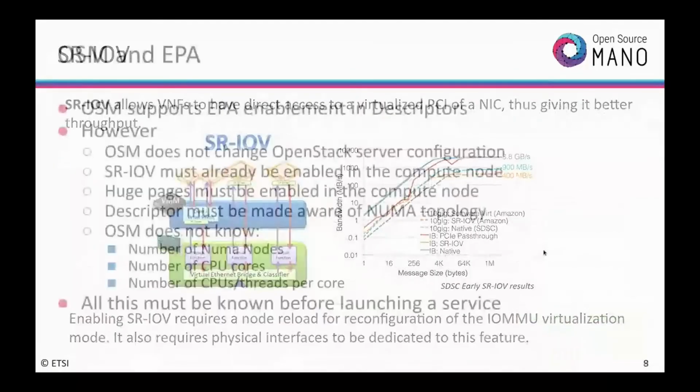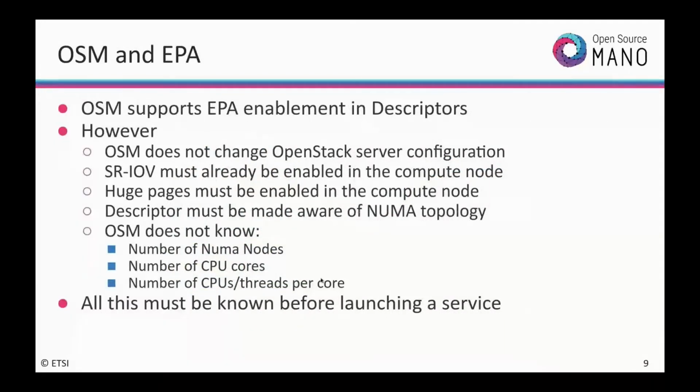So all of this information about enhanced placement awareness is not something that's going to be automatically discovered by OSM. These are things that you're going to need to know.